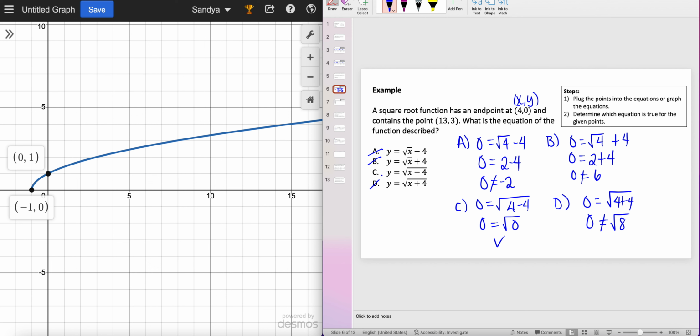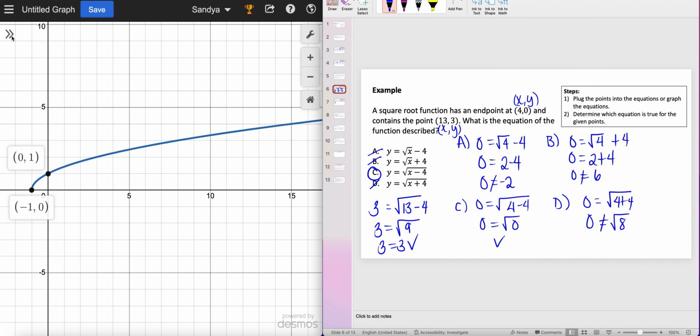So C looks like the correct answer, but let's check the second point, 13, 3. Once again, that's x, and this is y, and we get 3 equals the square root of 13 minus 4, and so we have 3 equals the square root of 9, and 3 does equal 3. So that is why C is the correct answer.